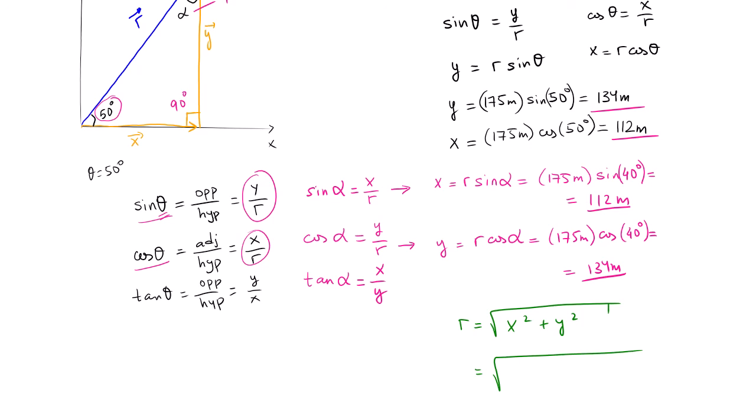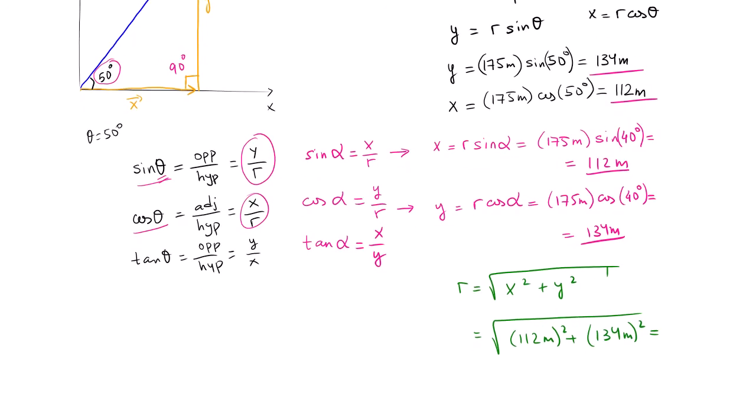So for the x, we found 112 meters squared, plus for the y we found 134 meters squared. If you punch this into your calculator, you will get 175 meters. That's exactly what we had originally, which means our solution is correct.